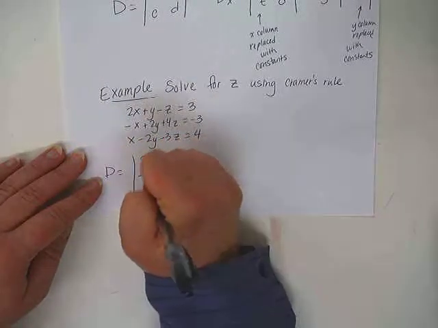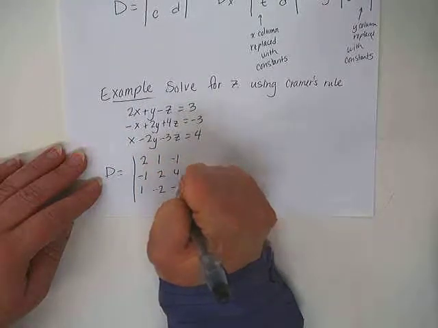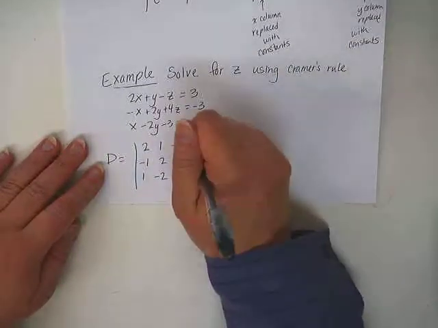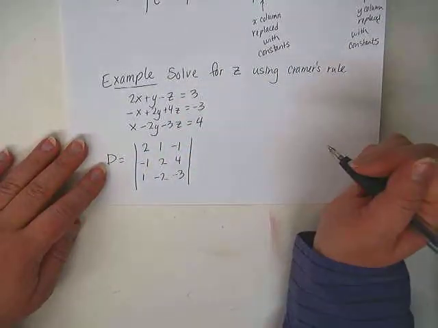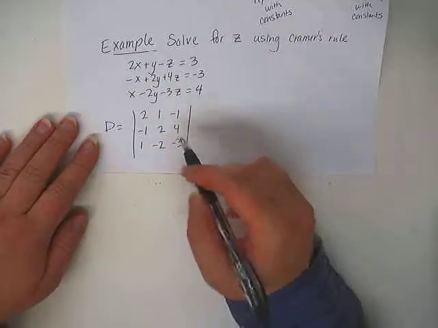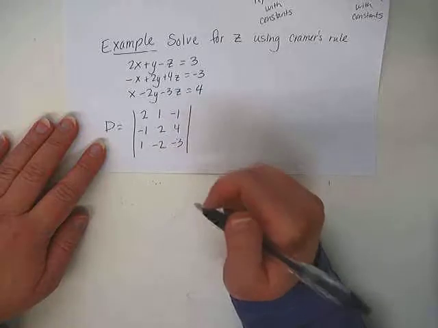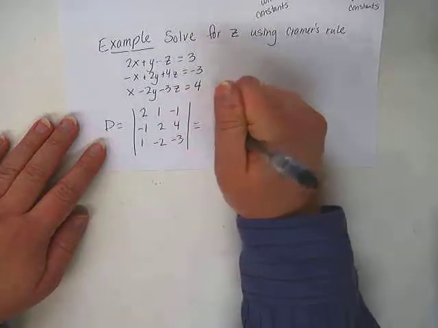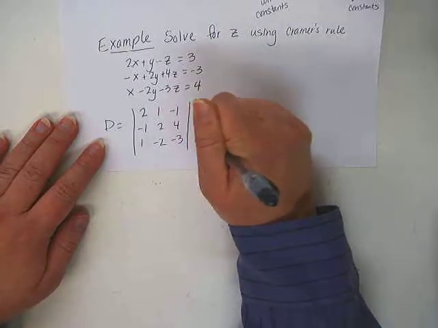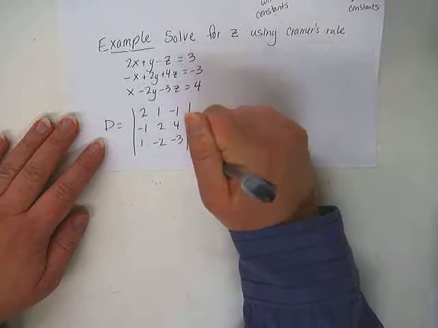So to find d, we would do the determinant 2, 1, negative 1, negative 1, 2, 4, 1, negative 2, negative 3. Does that sound familiar by any chance? Does anyone recognize those numbers? It's the one we just barely did. And what was the answer? 5.